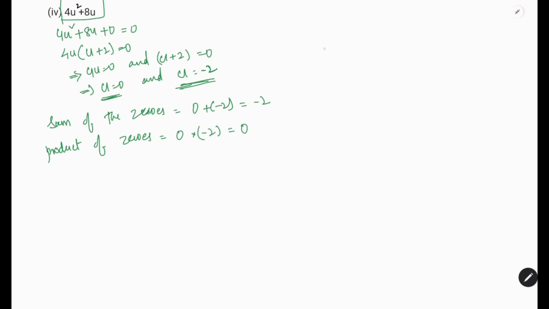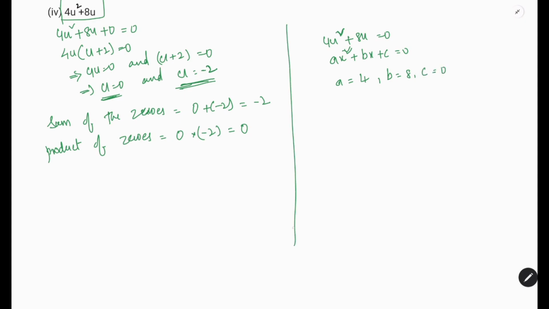Now compare this polynomial to the general form ax square plus bx plus c equal to 0. When you compare, you get a equal to 4, b equal to 8, c equal to 0.